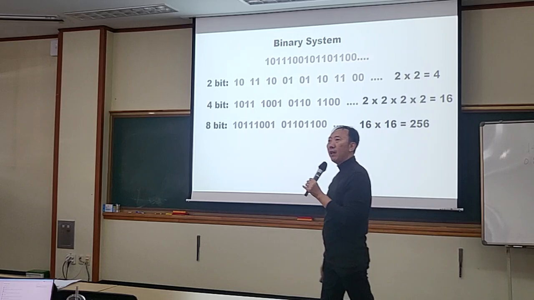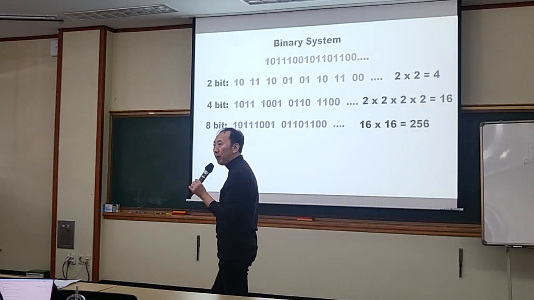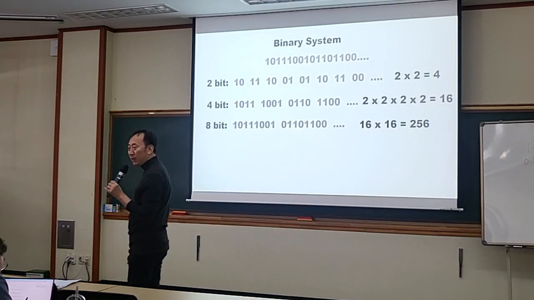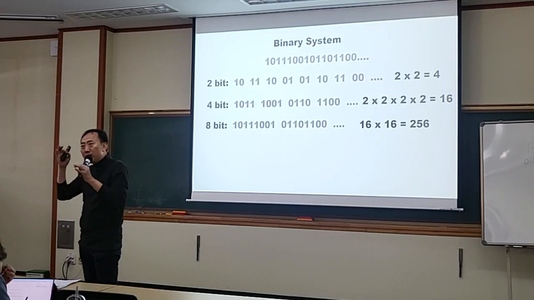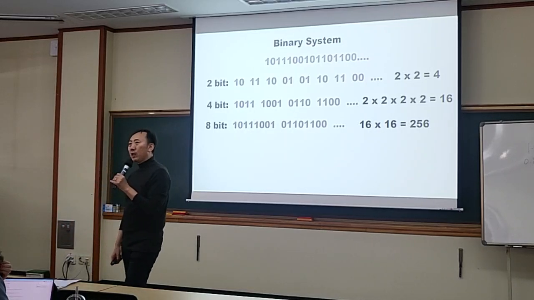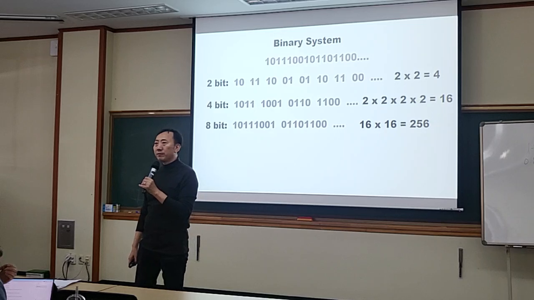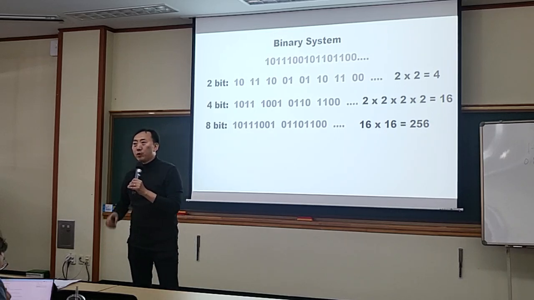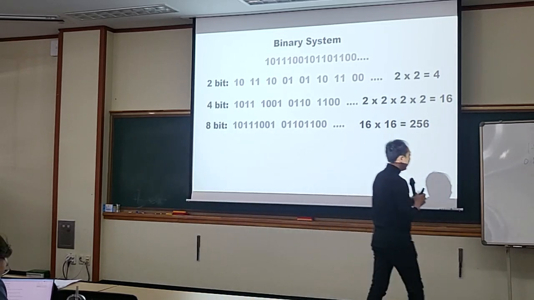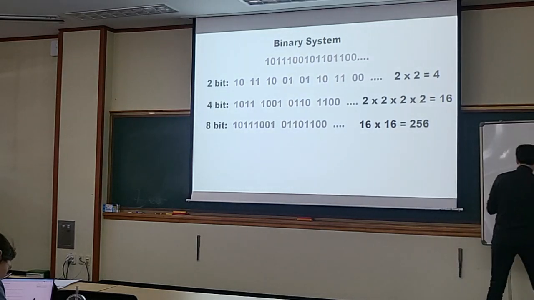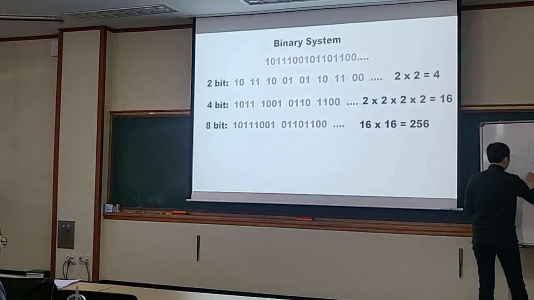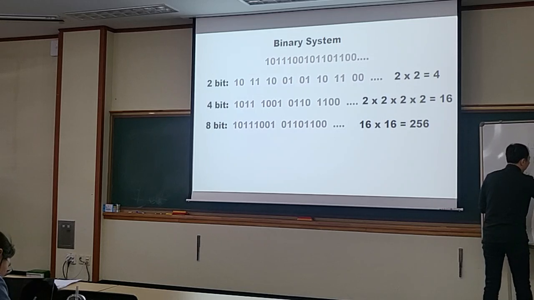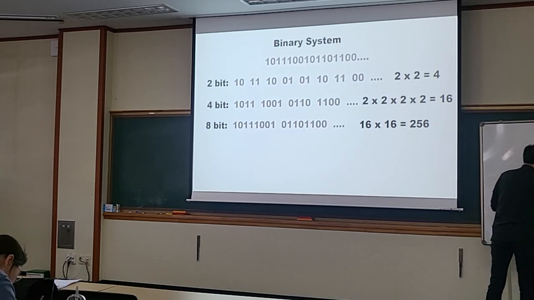After that, 512. 10-bit, 1024. At least up to there, we have some idea, because we hear that number quite often in computers. So 2 to the 10 is 1024. This is similar to 10 to the 3, right?